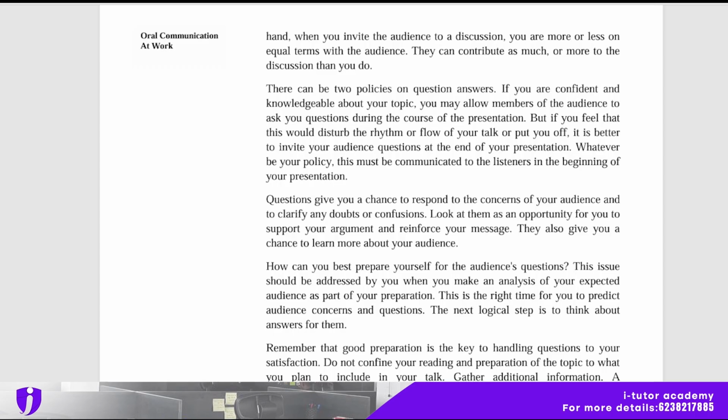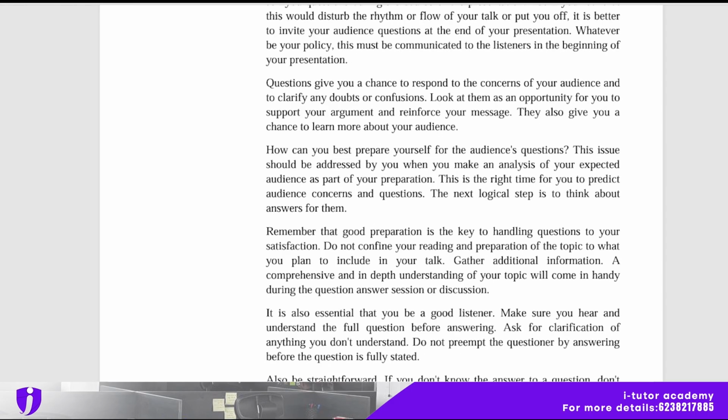But if you feel that this would disturb the rhythm or flow of your talk or put you off, it is better to invite questions at the end of your presentation. Questions give you a chance to respond to the concerns of your audience and to clarify any doubts or confusions. Look at them as an opportunity for you to support your argument and reinforce your message.